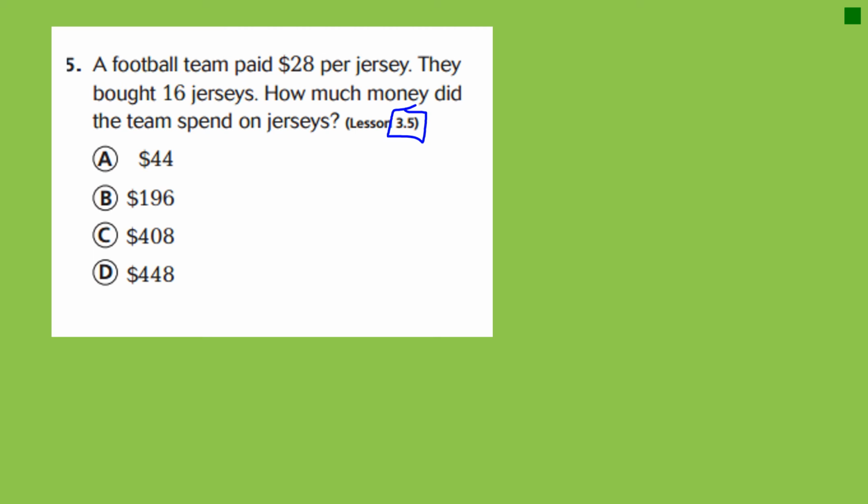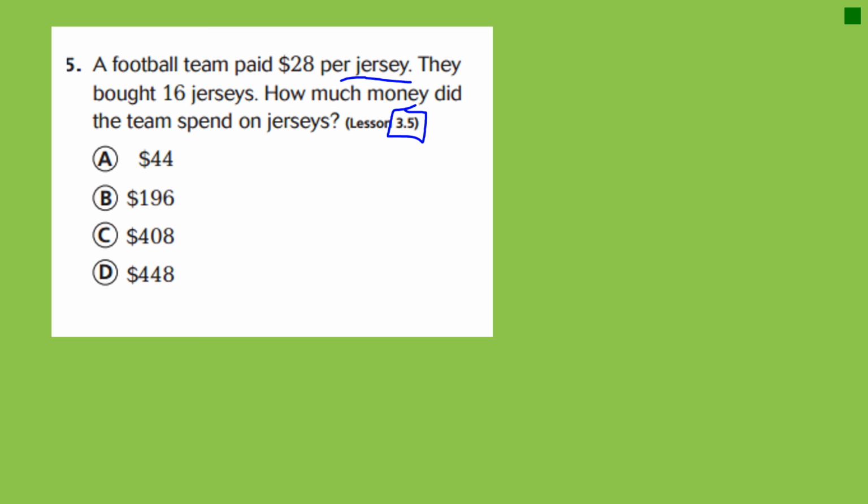It says a football team paid $28 per jersey. You know what a jersey is, right? Like a sports jersey, with the numbers on them and stuff, and the last names of the players. So a football team paid $28 per jersey. They bought 16 jerseys. How much money did the team spend on jerseys?